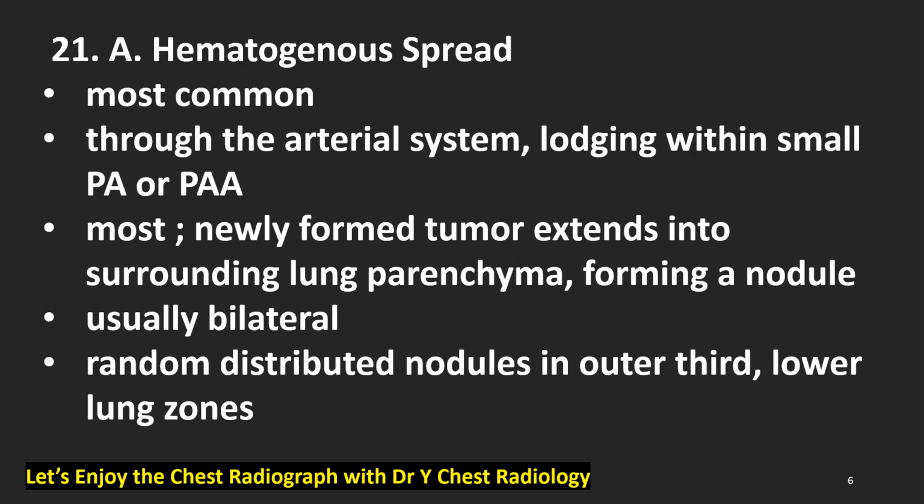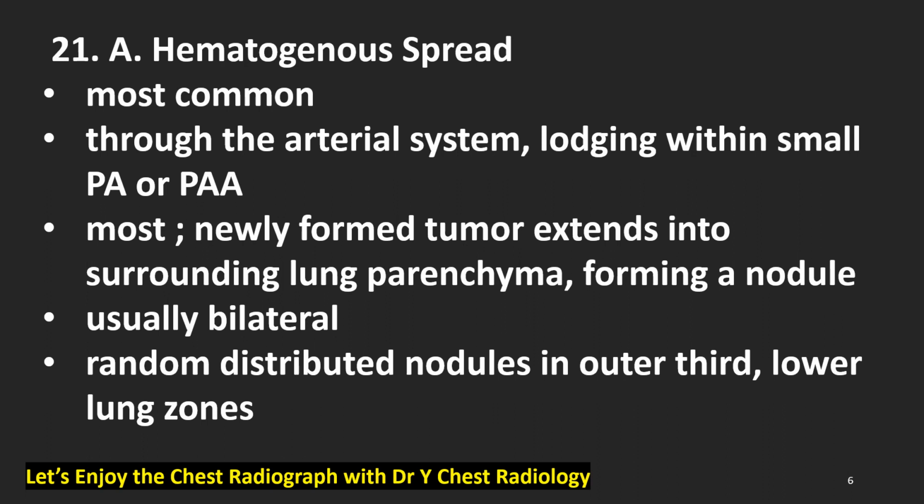Hematogenous spread. This is the most common finding. Cancer cells go through the arterial system, the pulmonary arterial system, lodging within a small pulmonary artery or pulmonary arteriole.